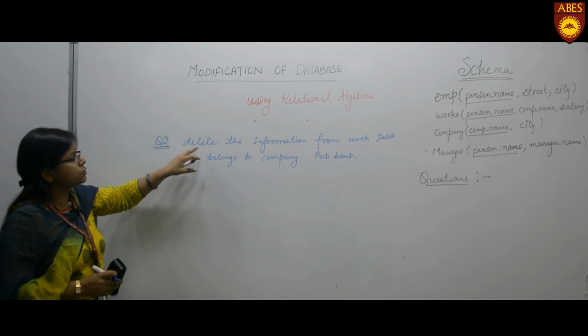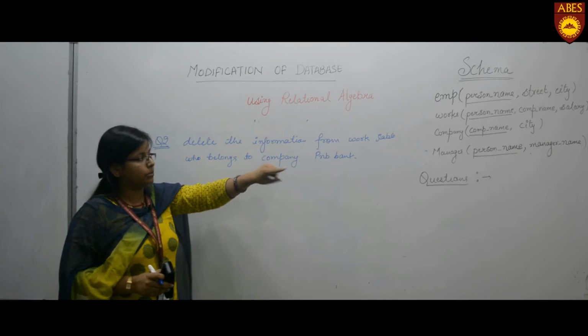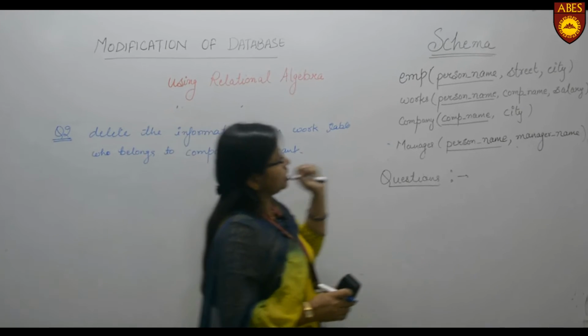So the query is very simple. I need to delete the information from the works table of those who belong to the company PNB.